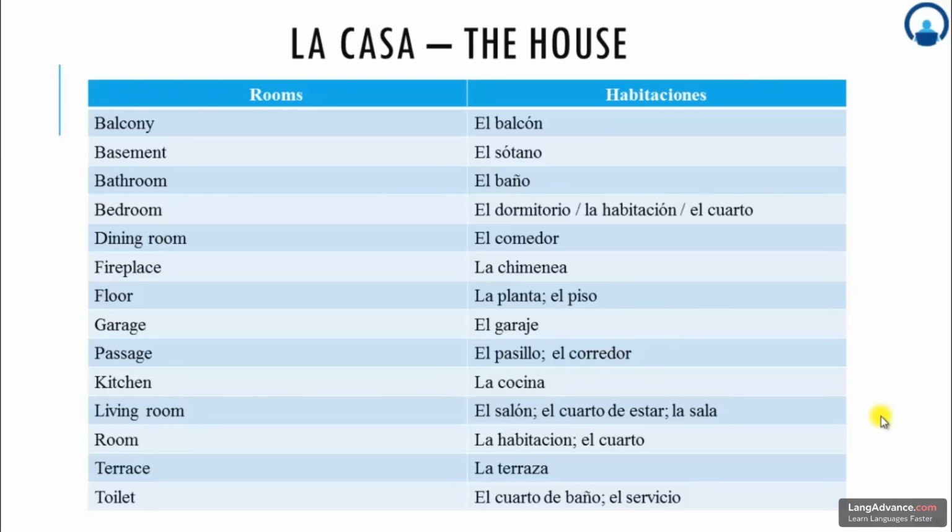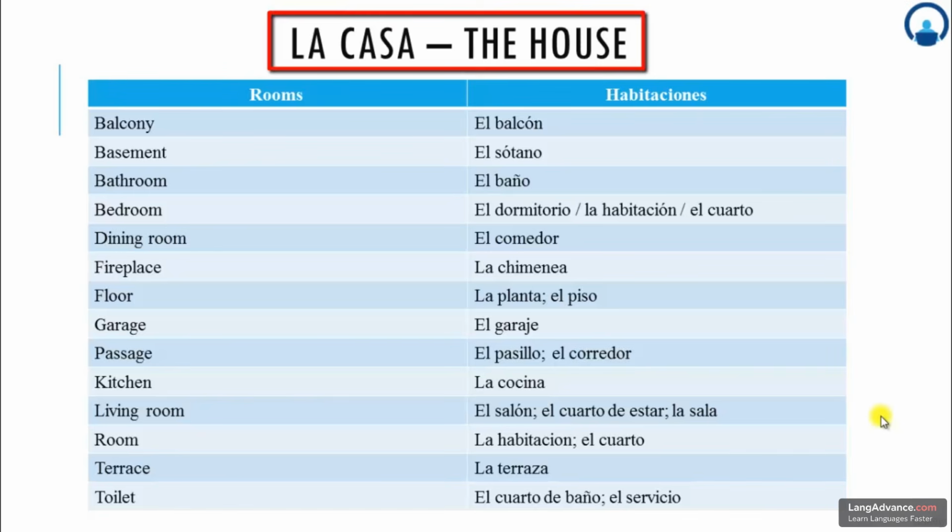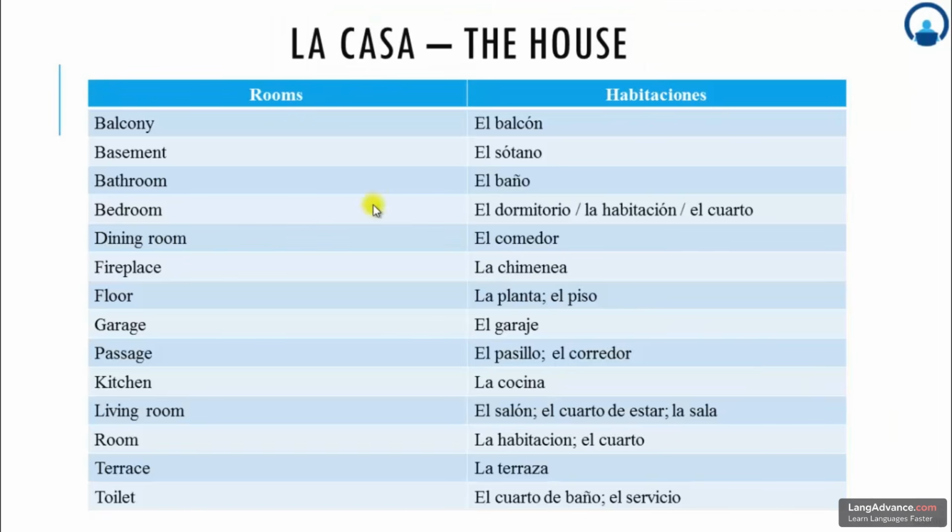Now we'll learn some general words used in reference to a house. We've got a table with the title La Casa, or the house. And in the table we have words that we normally use in reference to the house. So we'll learn them one by one.